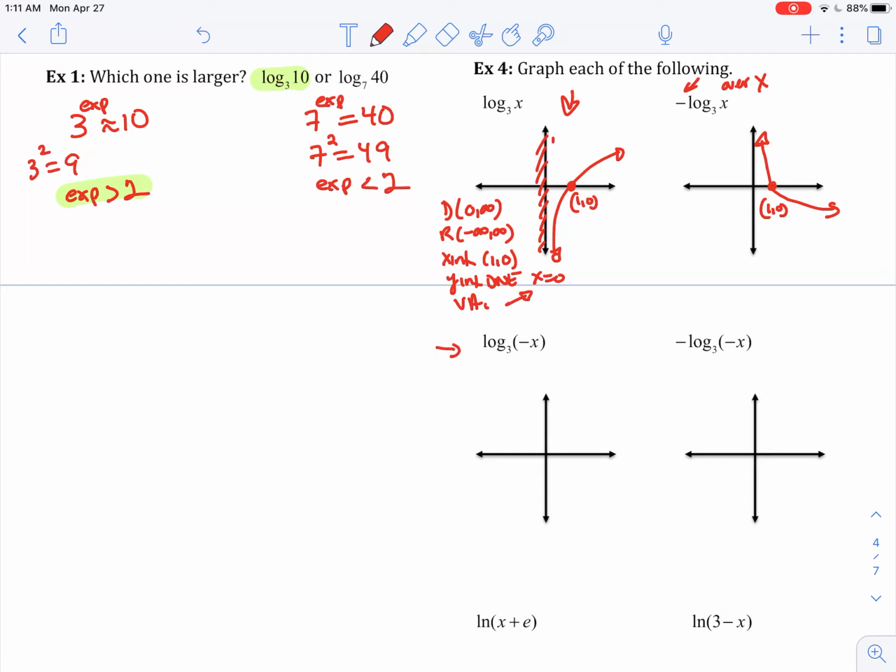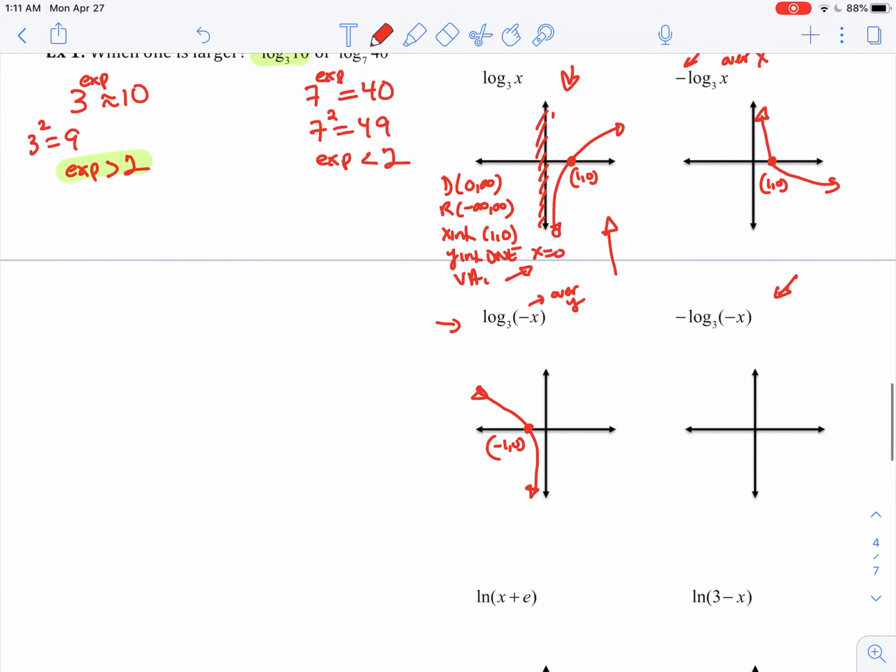Versus down over here, if the negative is attached to the input, to the x, we know that tells us to flip over the y-axis. So if we take our original graph, which was up here, and we reflect it now over the y-axis, our graph should be looking something along those lines, where now this is at (-1, 0).